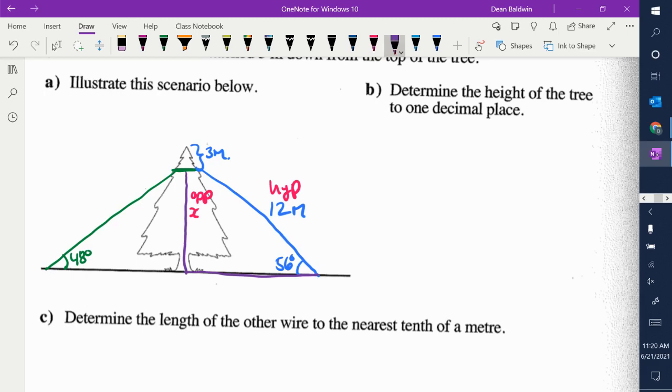Sine. So sine of 56 is equal to the opposite, which is x, over the hypotenuse, which is 12. So what's x? I'll let you tell me. We'll go to 1 decimal place, please.